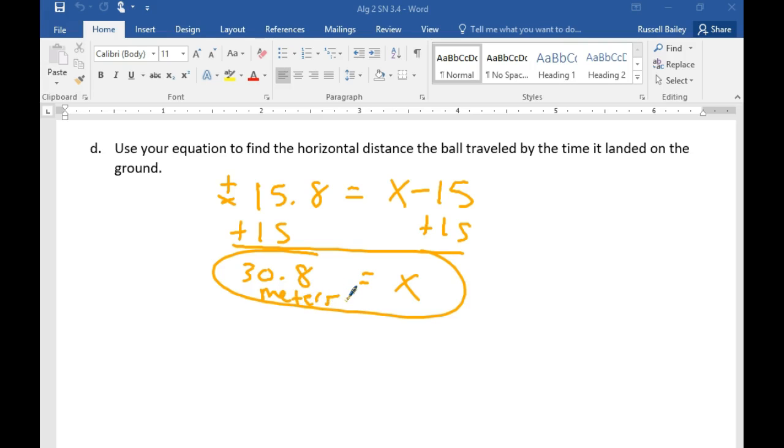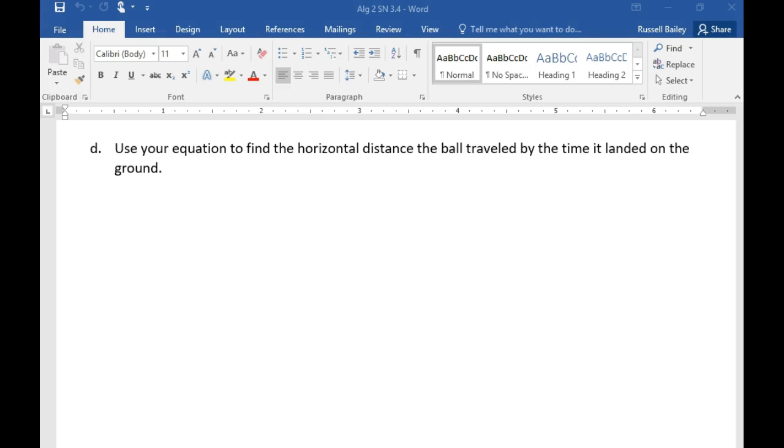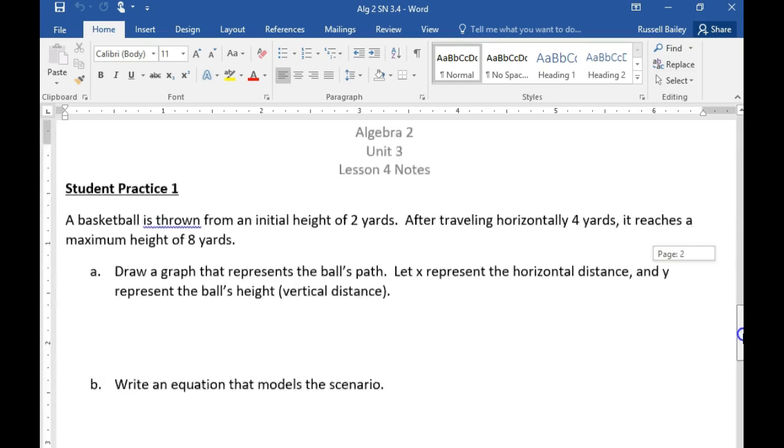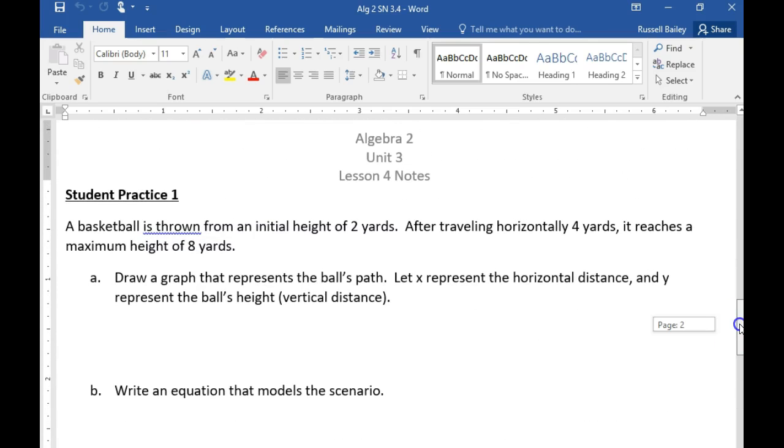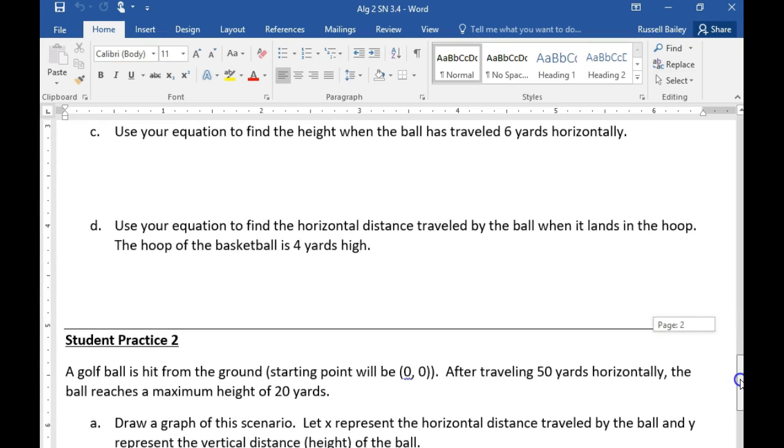So those are two different things. If you plug in x, that's one way. If you plug in y, you solve it a different way. So what I'd like you guys to do now is go to your student practice on the back of your paper, and do C and D. Now remember though, you're using a different equation than me.